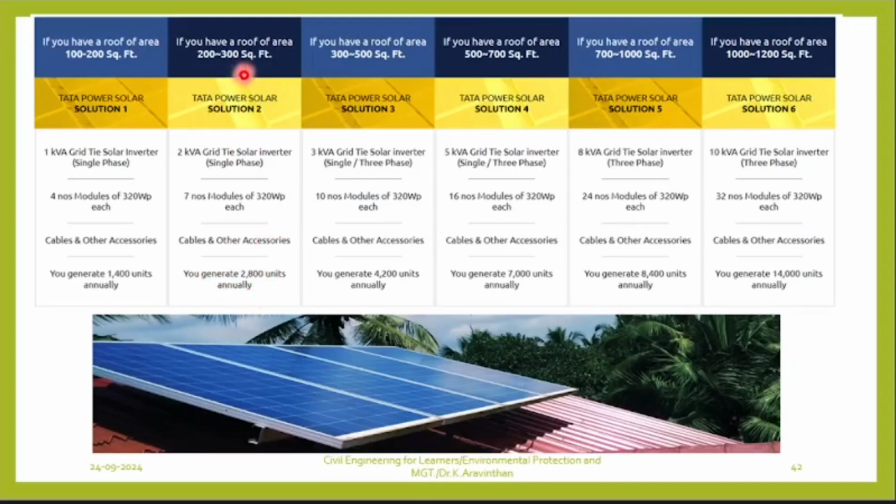So for this case, about 2 kilowatt is required. Before installing any solar panels, you should be aware of your previous months' consumption. If you are constantly consuming 200 units, then you can buy 2 kilowatt of solar panels. So what is the cost of that? Do you know? Any idea on solar panel cost?